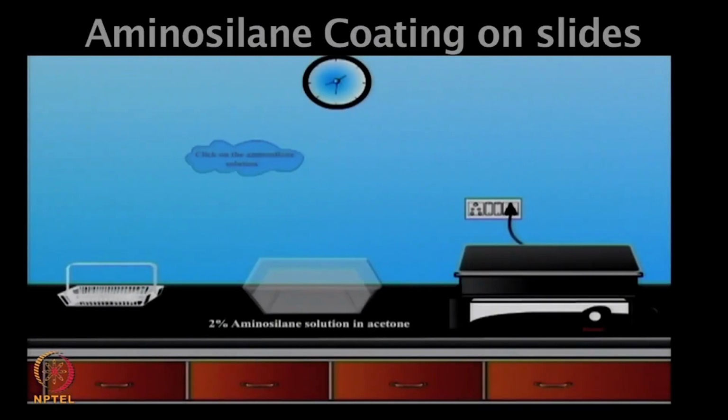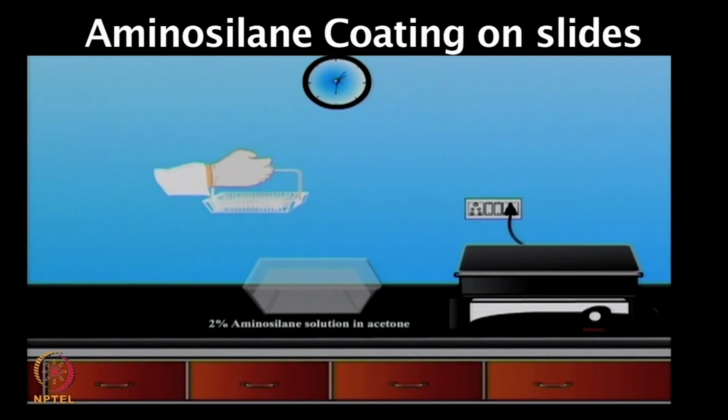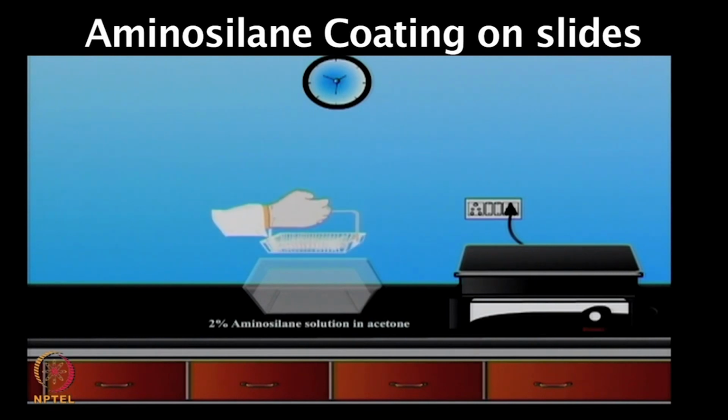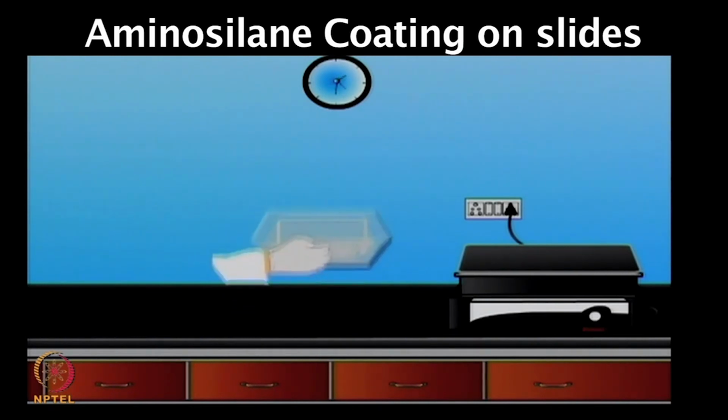Aminosilane coating is demonstrated in the following animations. Prepare 300 ml of aminosilane coating solution, which is 2% of aminosilane reagent in acetone. Place the slides in the metal rack.